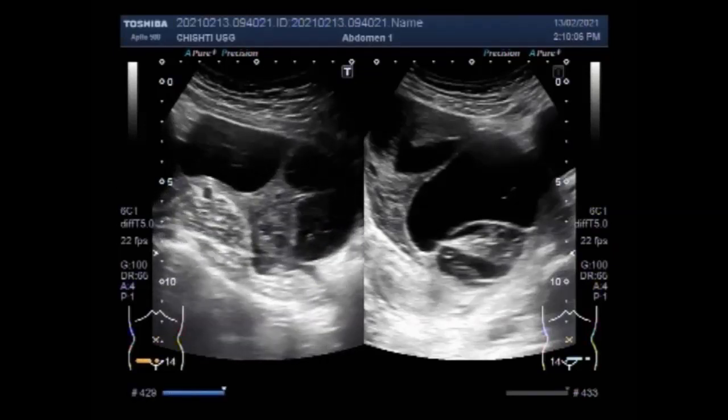Now these are the right ovarian cysts. This is a hemorrhagic cyst. And this is the right ovary. Now this is the left ovary, and it also shows multiple ovarian cysts.